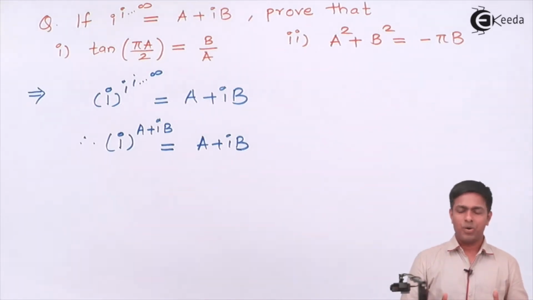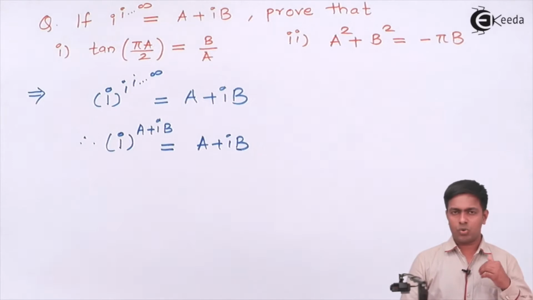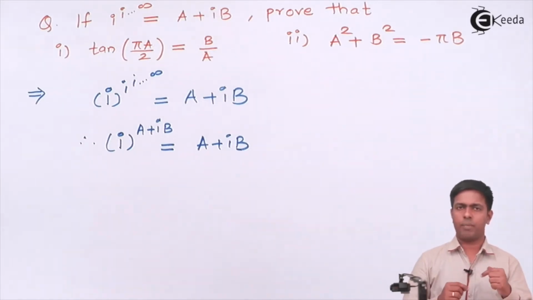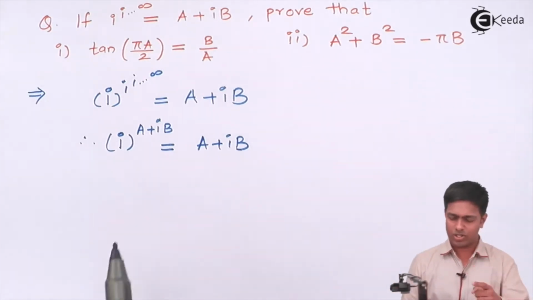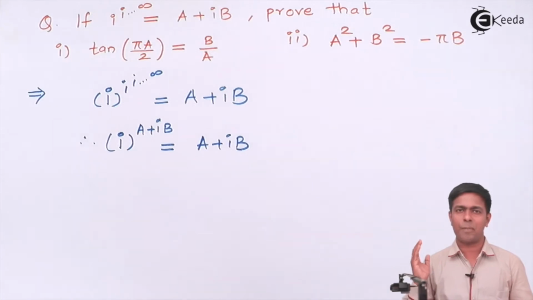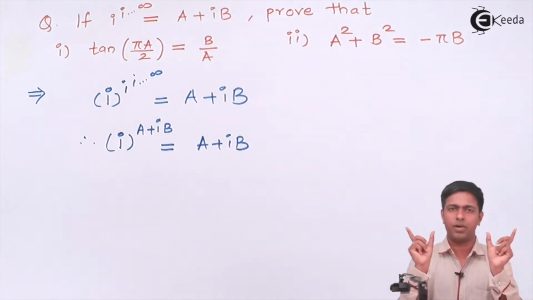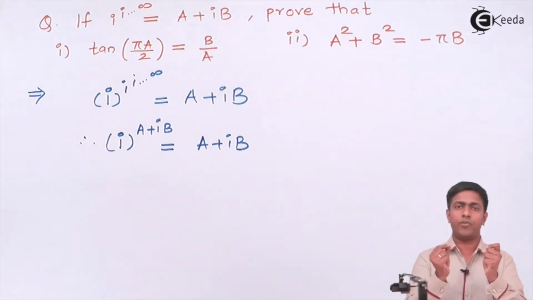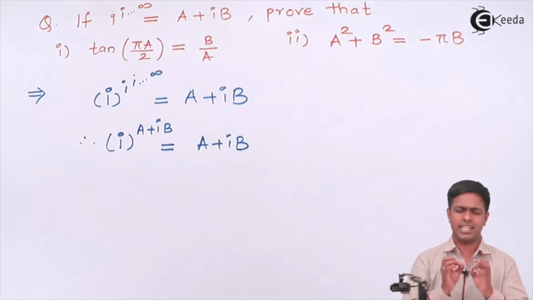So now we have to manage in some way to convert this i raised to a plus ib into one complex number, because you can also see the equal to symbol, and on the right hand side there is a complex number. Whenever there is an equal to sign between two complex numbers, by the equality property we say that these two complex numbers are exactly equal.